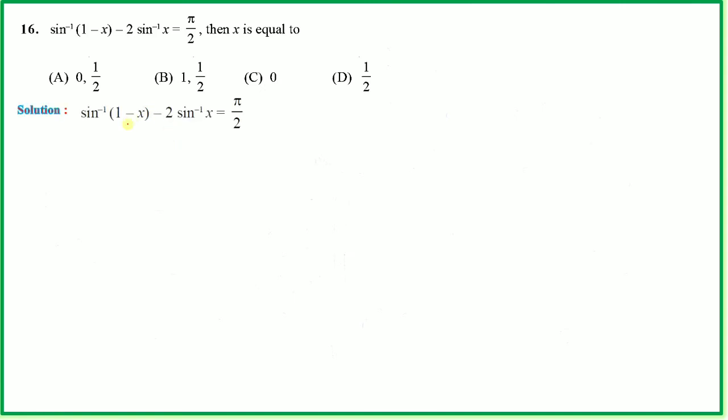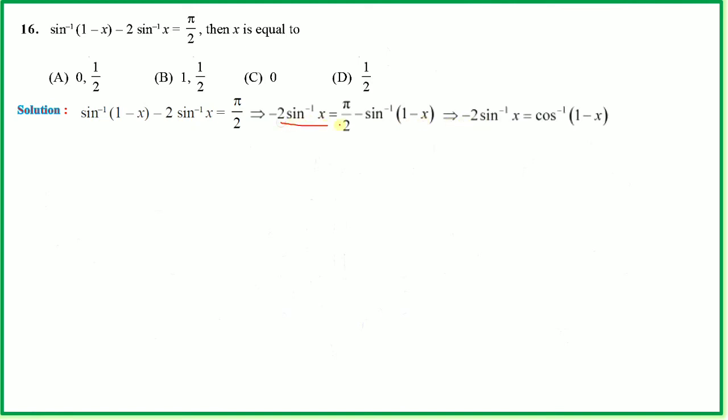So the solution: minus 2 sine inverse x, we have taken this sine inverse 1 minus x to the right hand side, so 90 minus sine inverse 1 minus x. So that identity number 1 we will use once more.